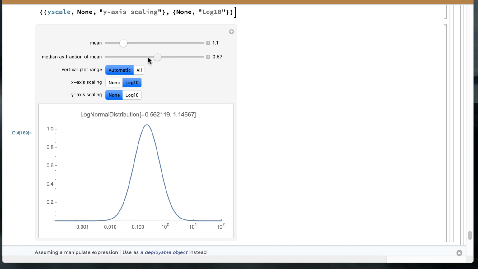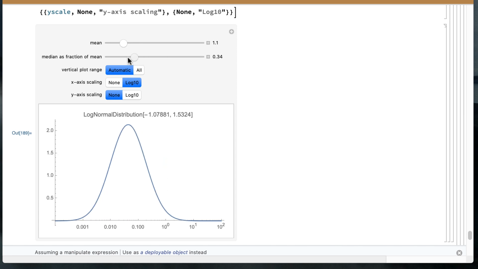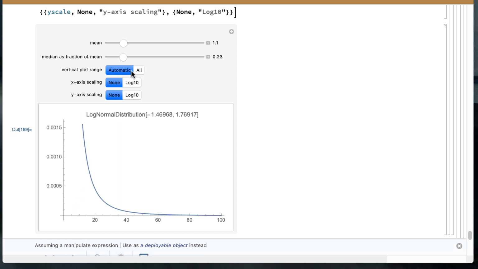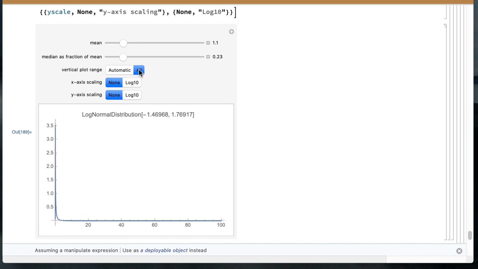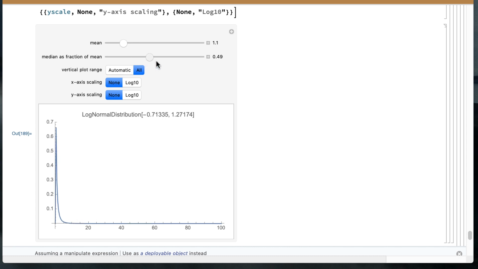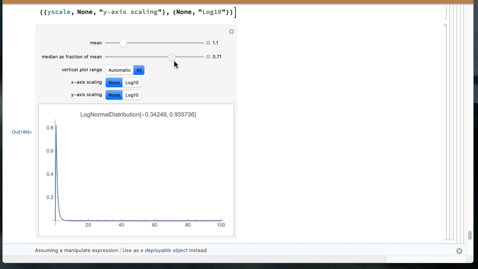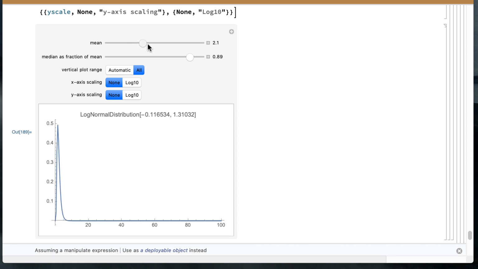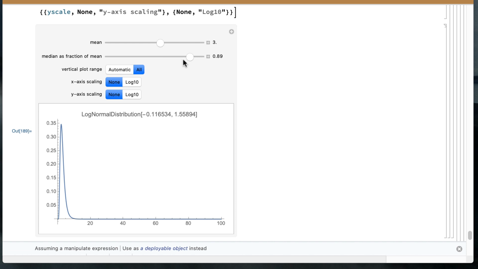And as I move this to the left, let's do it this way. You can see what's happening is that an awful lot of the action is piling up at the left end, whereas if I set the mean to be similar to the median, then our log normal distribution is somewhat less skewed.